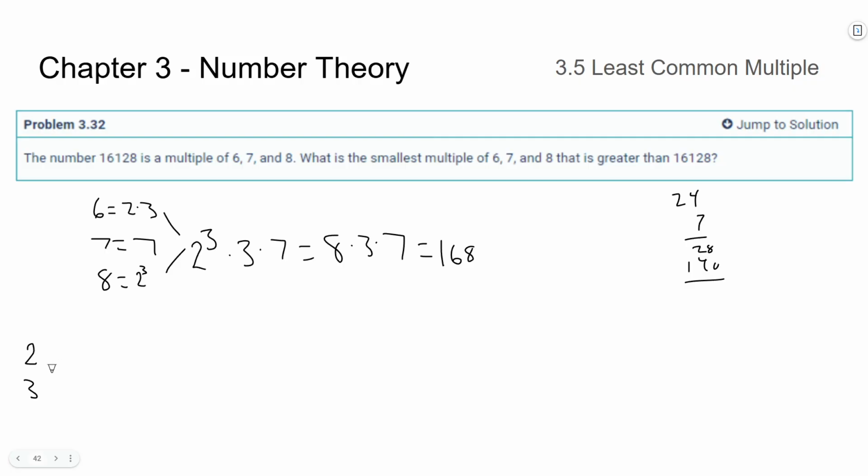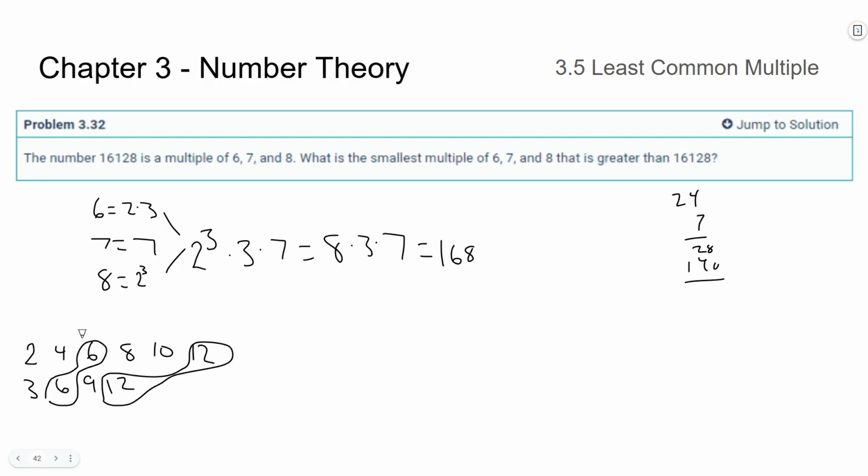So the multiples of 2 would be 2, 4, 6, 8, 10, 12, and so on. And here we have 3, 6, 9, 12, and so on. So for common multiples, we have 6, we have 12, and then we know we'll have 18, 24, and so on.